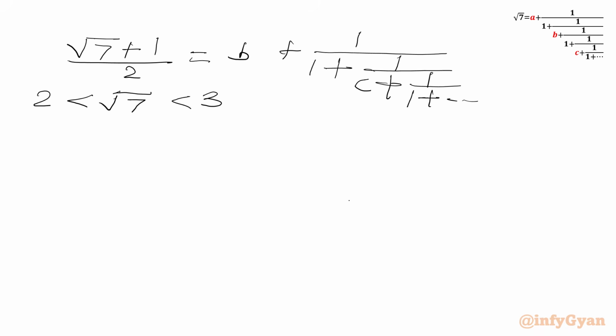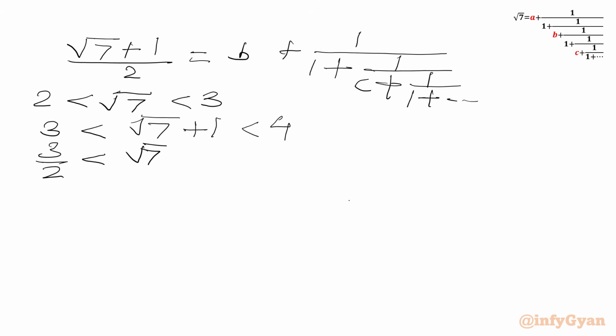We'll add 1. So we can write 3 < root 7 plus 1 < 4. Now we'll divide by 2. So I can write 3 over 2 < square root 7 plus 1 over 2 < 4 over 2, so we'll be writing 2.